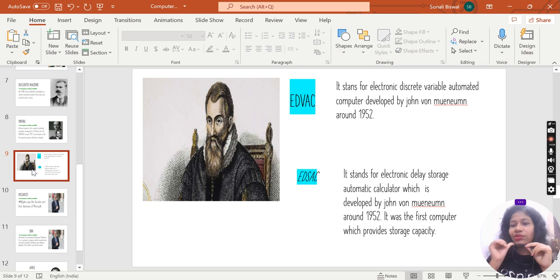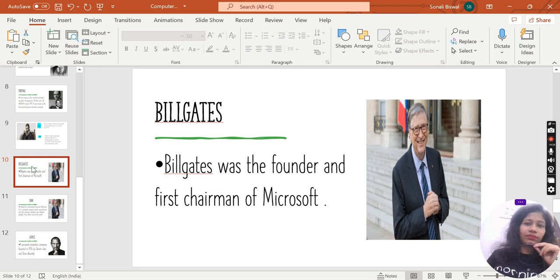It was the first computer which provided storage capacity. Before that, we were just doing mathematical calculation, accounting calculation, punching cards, reading cards. Now, for the first time, the computer also gave us storage to store our data.